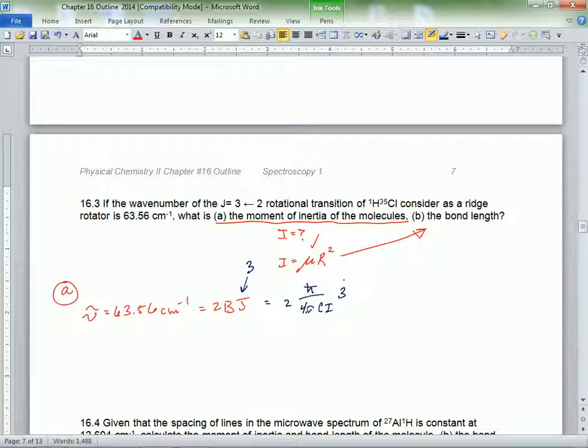But since over here we have wave numbers, what should we put this in? Centimeters per second. Leave h bar alone. I think that would make it work. Or I would just put in your units for everything, and you'll see whether it's going to work out or not. That's 2 times B times J. For the problem that you did, you use this transition from 2 to 3. Let's say quick reverse.